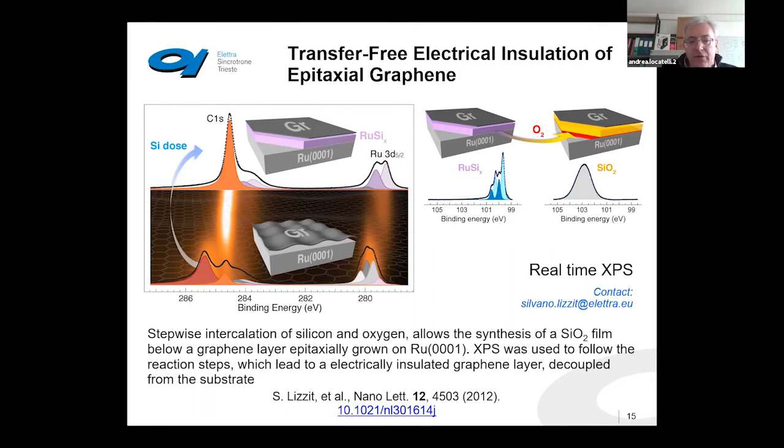And in order to achieve this, they basically expose the surface of ruthenium already covered by graphene to a flux of silicon atoms, which intercalated under the surface. And actually, in this graph, you can see the spectra of ruthenium 3d and carbon 1s during the deposition of graphene.